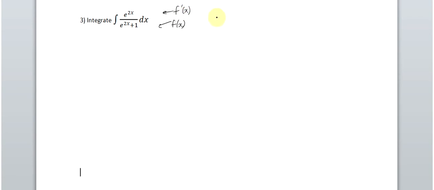Okay, so here's my substitution. I'm going to let u equal e to the 2x plus 1, which makes du by dx 2e to the 2x. Okay, so we have got the integral of e to the 2x over u.